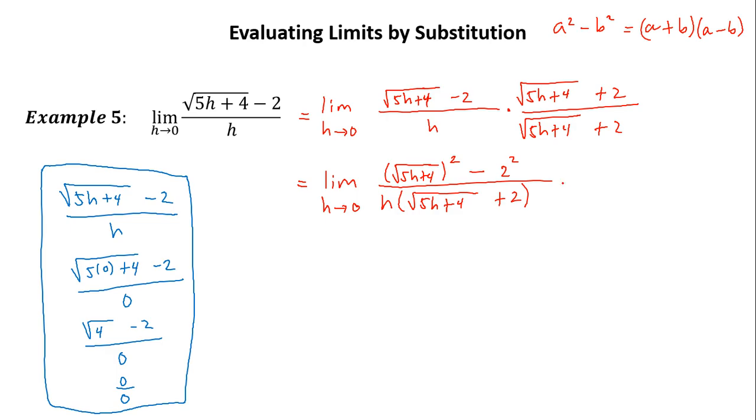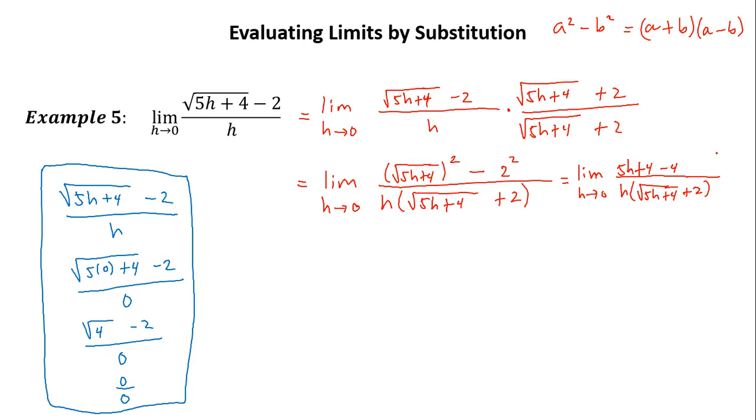So we have the limit as h approaches 0. The numerator now becomes 5h plus 4 minus 4 over h times the square root of 5h plus 4 plus 2.